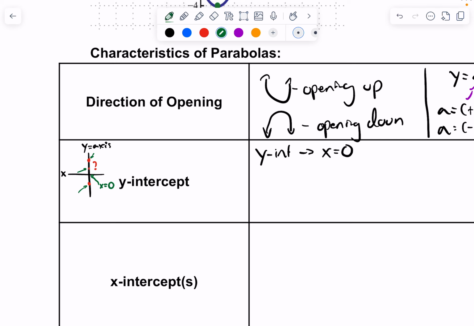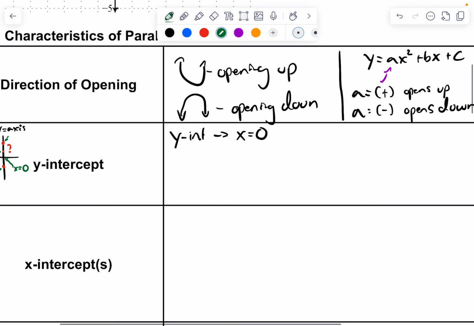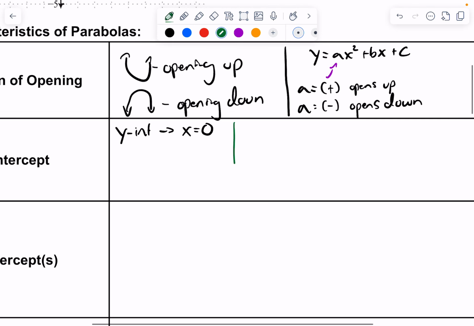So if you wanted to find the y-intercept, let me give you an example. Let's say I gave you the quadratic y equals 3x squared plus 2x minus 3, in standard form. Well, the y-intercept happens when x is 0.